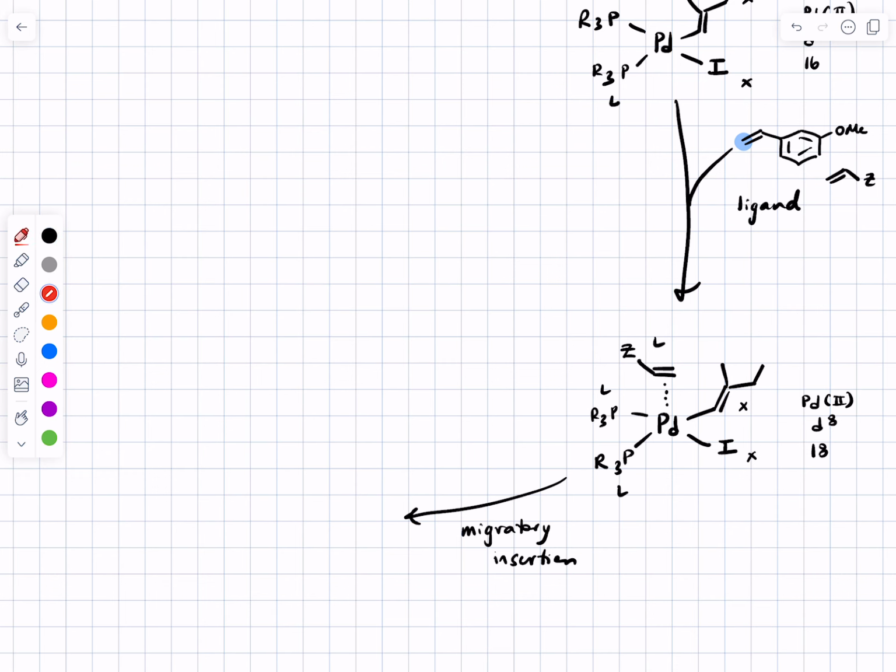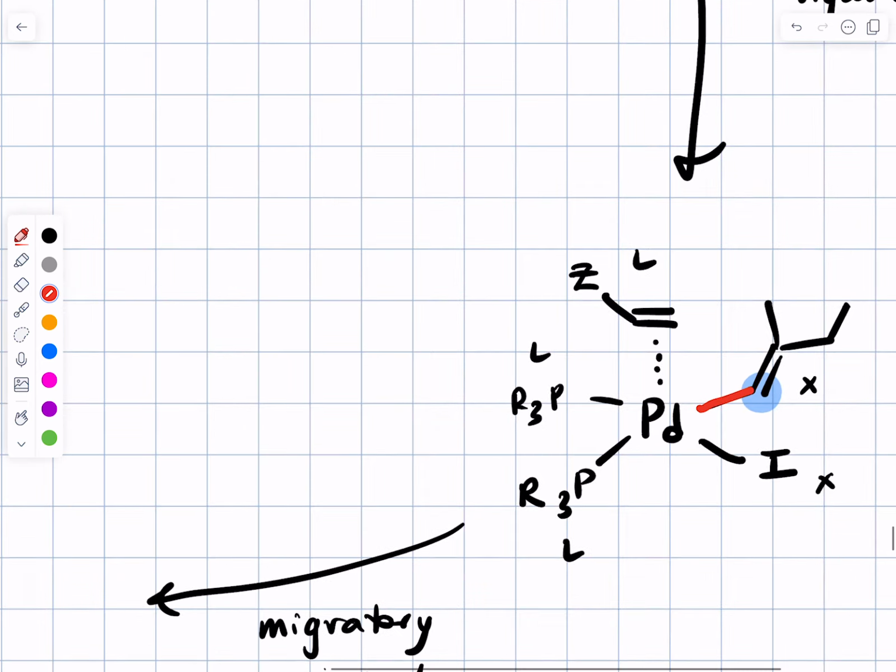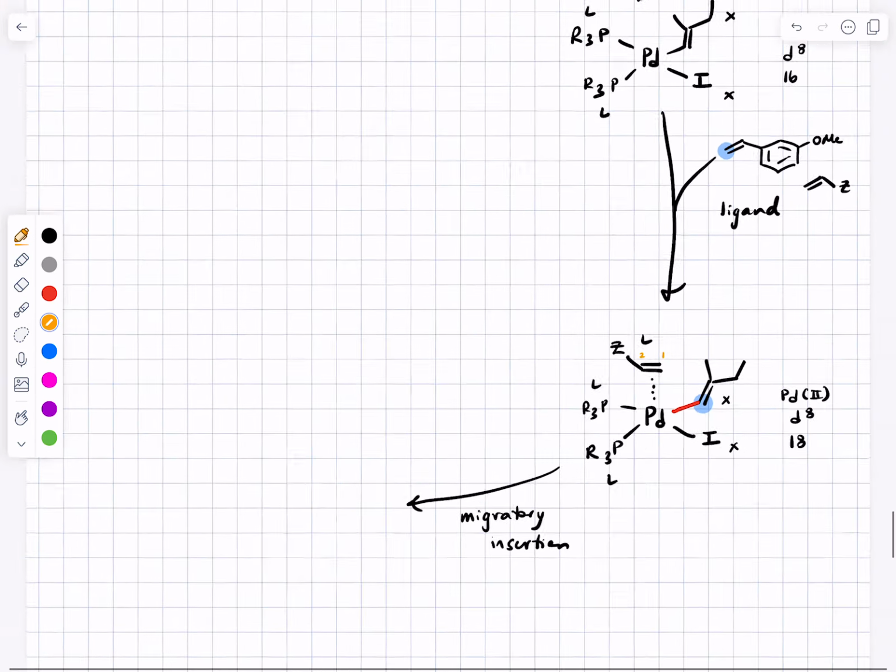We're going to take the electrons in this carbon palladium bond involving the vinyl group, and we're going to migrate them from being on the palladium to being attached to the less substituted carbon of the olefin. For our purposes here, it might be useful to call this carbon 1 and carbon 2.